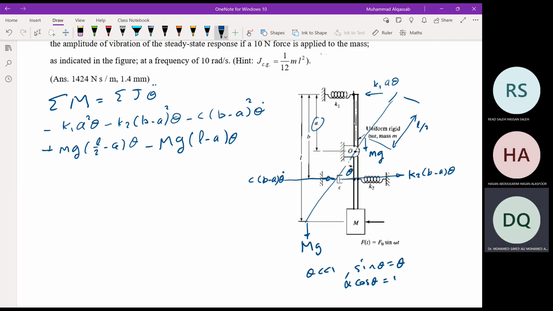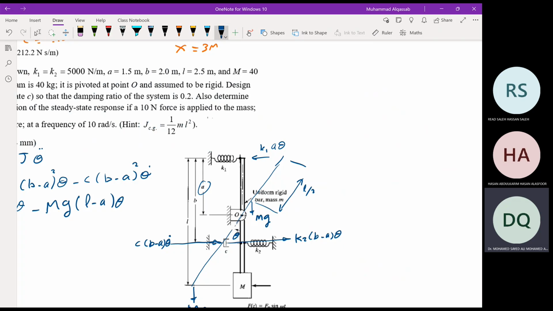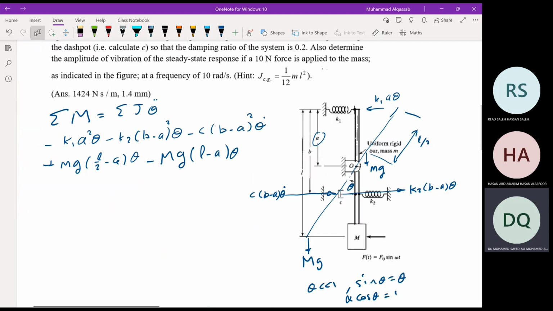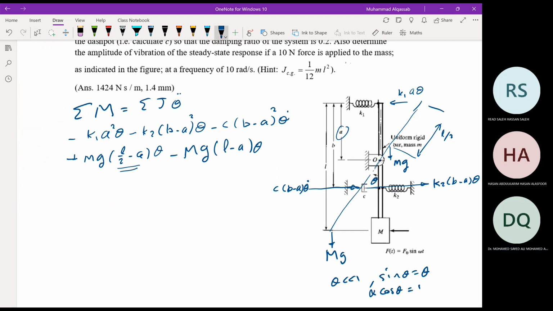If it is at O then it is zero, but this is not necessarily at O. Okay, and you can check this by L over 2 minus A. I assume that L over 2 minus A is less than A. It might not be true, but this will be corrected by the sign here. So I'm assuming it is above the pivot.